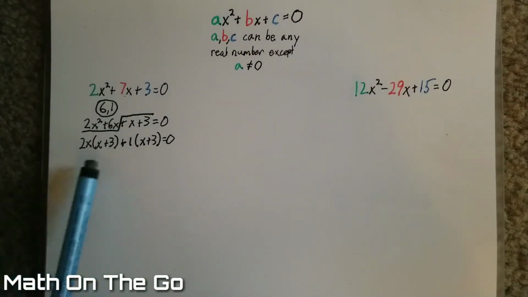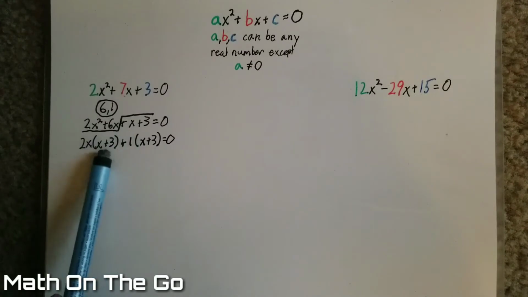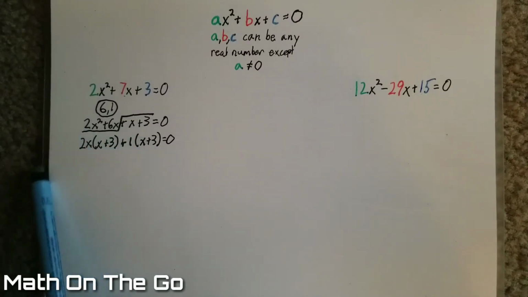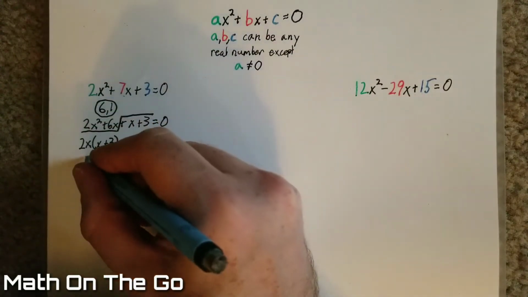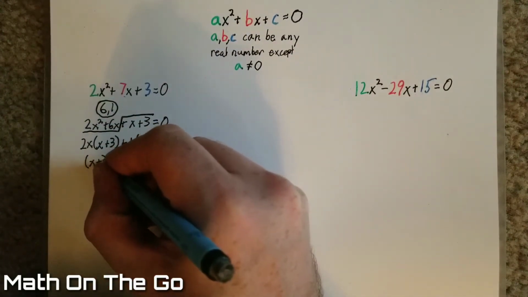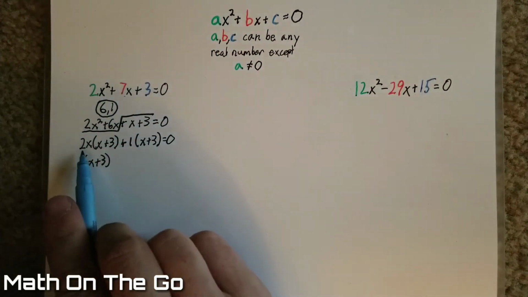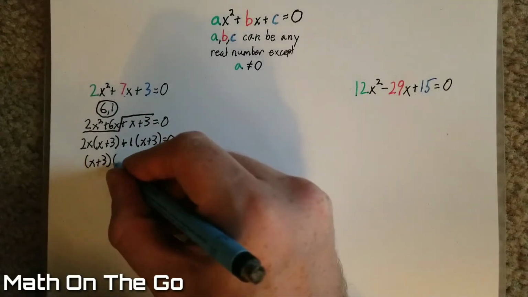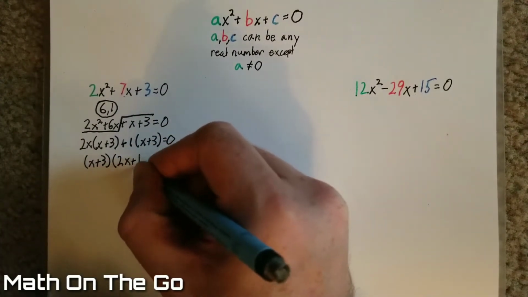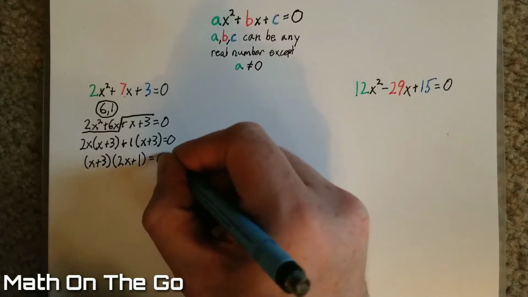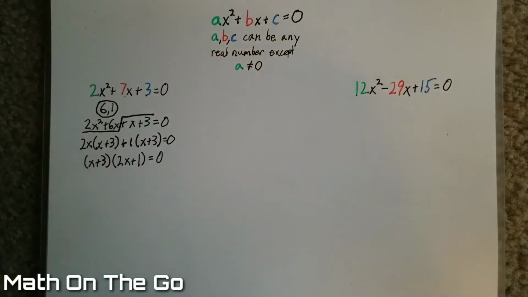We have two like terms that can be factored out of all this. So if we pull that out front, we'd have x plus 3, and then we're left with 2x plus 1 equals 0. And that's how you factor with a leading coefficient greater than 1.